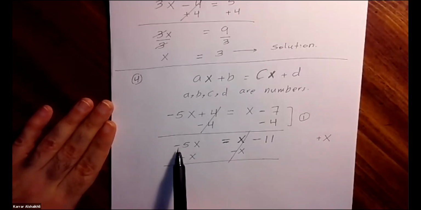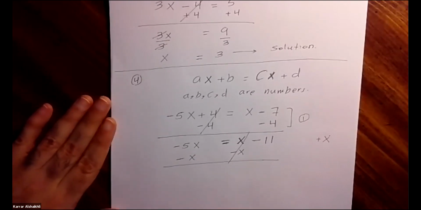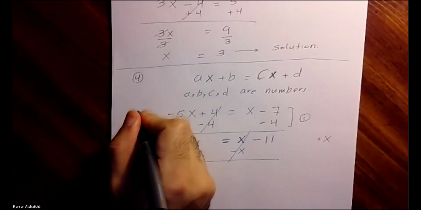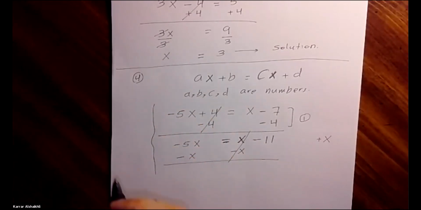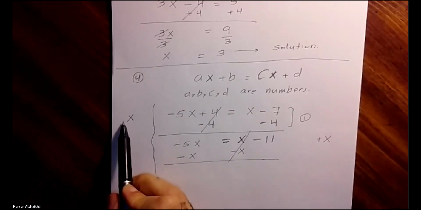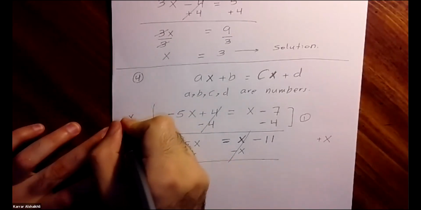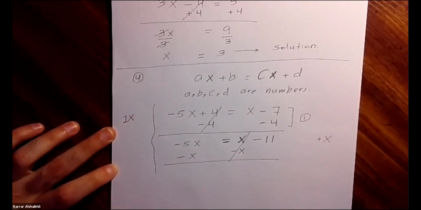Now on this side, minus 5x, negative 5x minus x. I'm going to ask you here before we move on. If there is just x by itself, how much is the number here? You can add this to your notes. If there is no number here, that means the number here is 1.